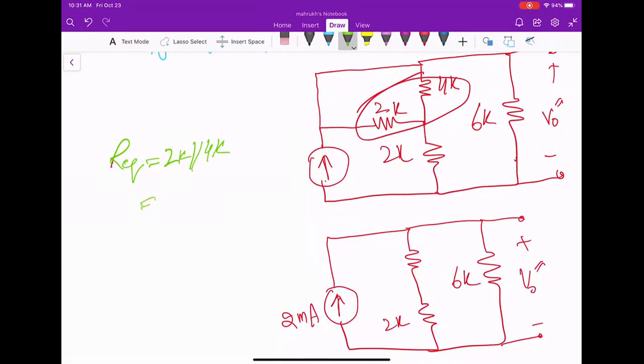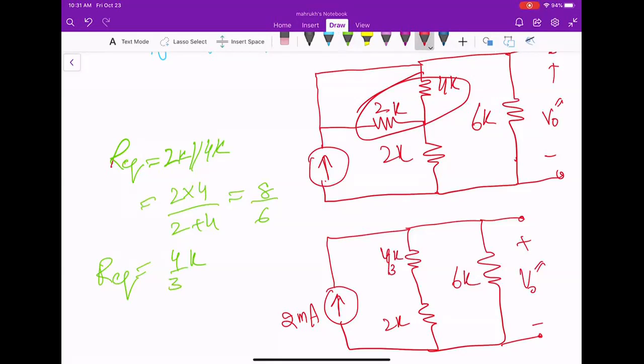There is no restriction on that, but just follow the principle of superposition, okay? So it will become 4 by 3K.